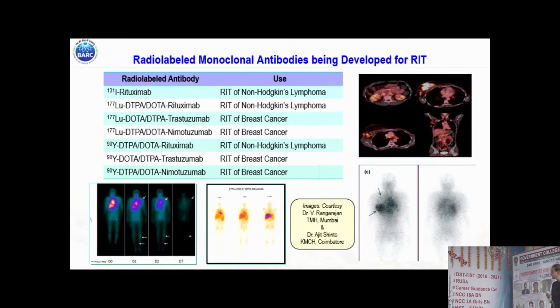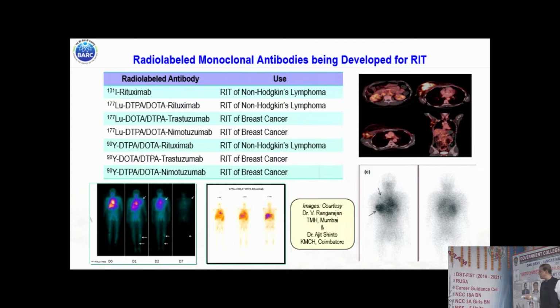We are working with different kinds of antibodies, mainly one antibody called rituximab, which is used for non-Hodgkin's lymphoma, a type of blood cancer, and in India a lot of young people die as there is no medicine for this. So, we are trying to develop it. This is trastuzumab, again for breast cancer patients who overexpress Herceptin receptors, and nimotuzumab, again for breast cancer patients.